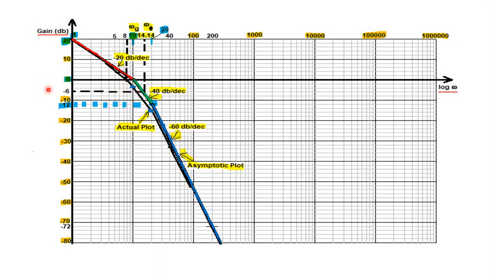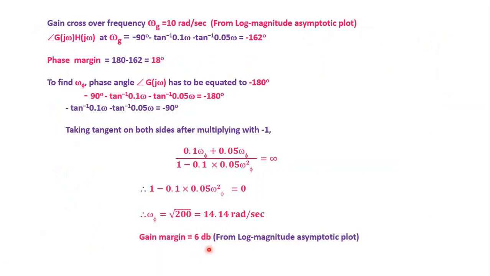That means this is your A gain, but I want 1 by A. So in logarithm, 1 by A means 20 logarithm of 1 by A, which is minus 20 log A. That is, instead of 20 log A, I have minus 20 log A. Therefore what I should do is, if this is minus 6, minus of that, so plus 6 dB. If we have got at phase crossover frequency as 6 dB, this should have been minus 6 dB.